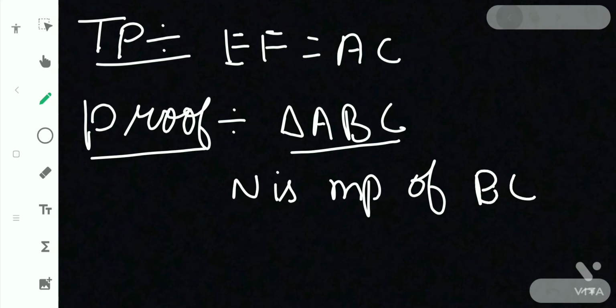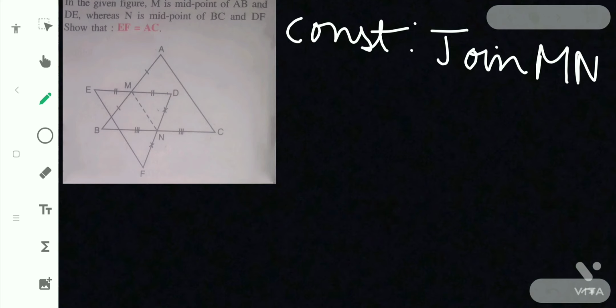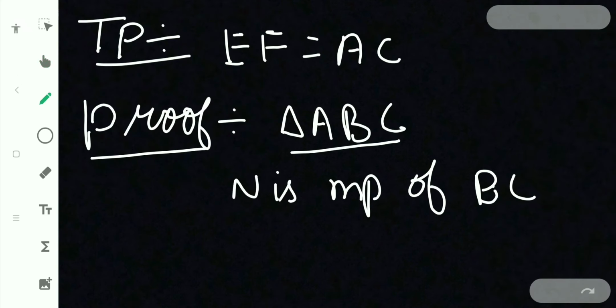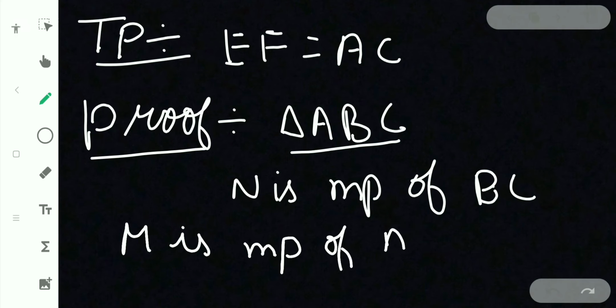Now N is midpoint of BC, as well as you can see on the line AB, M is midpoint, as AM is equal to MB. Nothing but M is midpoint of AB.